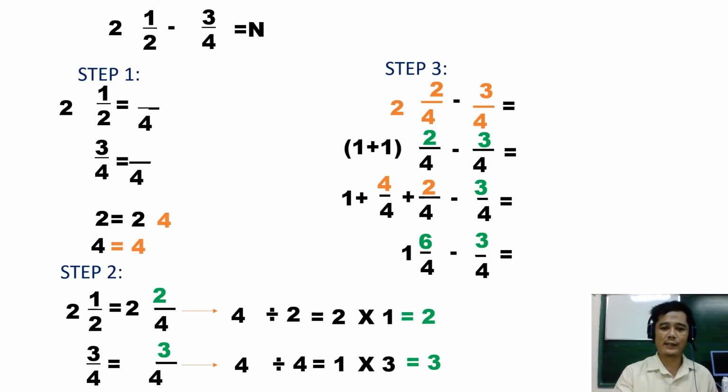So, si 1, since wala na siyang whole number sa kabila, ilagay na lang ho natin doon agad. Then, 6 minus 3 is equal to 3. Then, same denominator. So, 1 and 3/4 ang sagot po dito sa given natin.